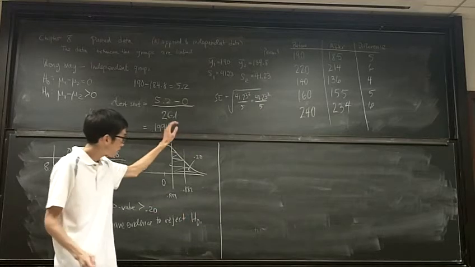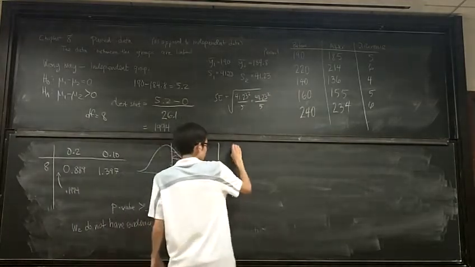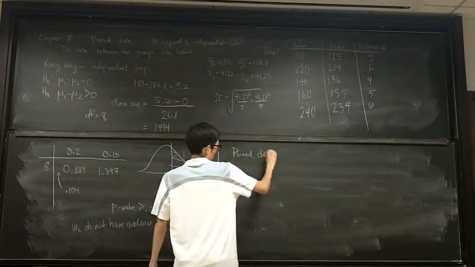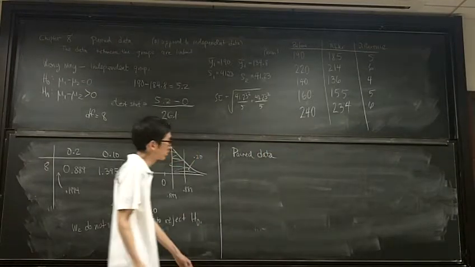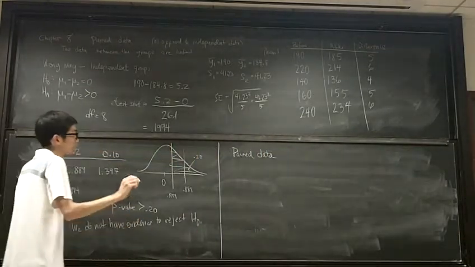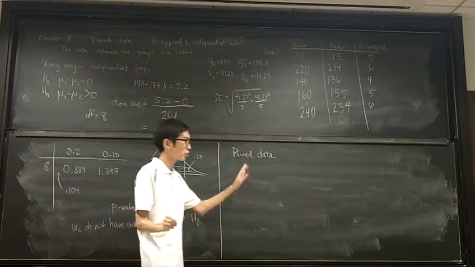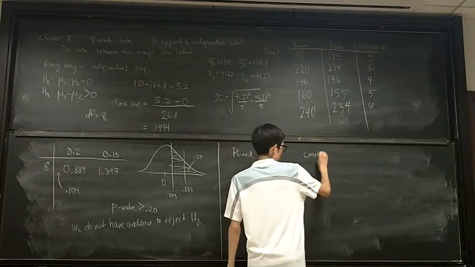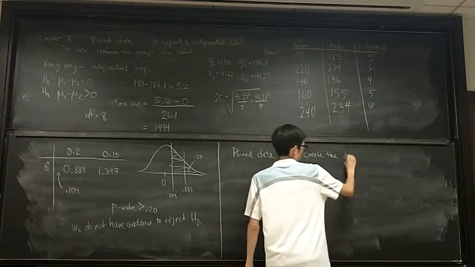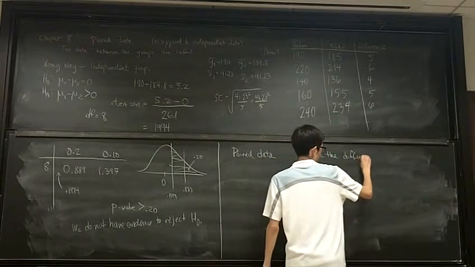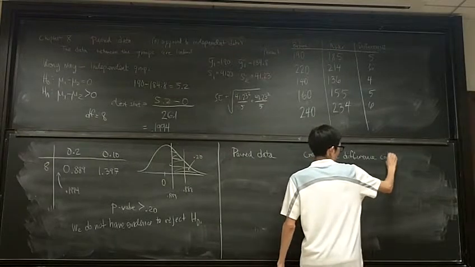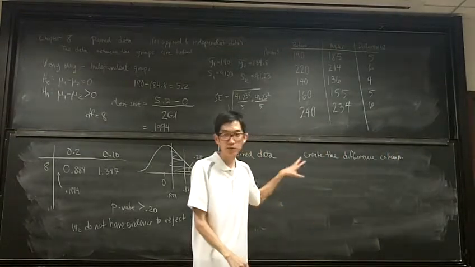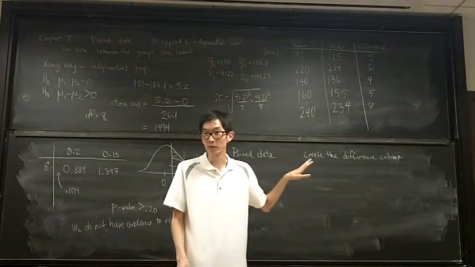So, as paired data, this is the correct way. For paired data, we're just going to look at the difference column. So you create the difference column, and that's the only column we care about now.